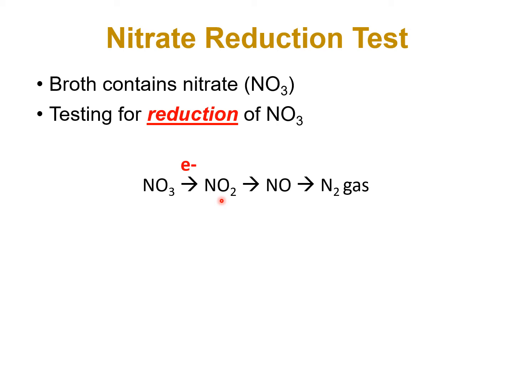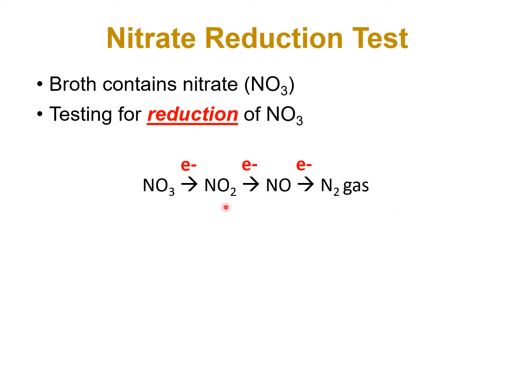This one is nitrite, and it's NO2. Now, when nitrite gains electrons, it's going to turn into NO. What is NO? NO is nitric oxide. Now, if nitric oxide goes through reduction, then you can get nitrogen gas.